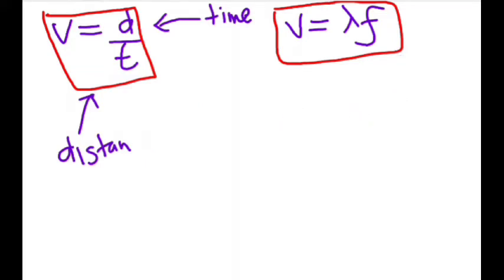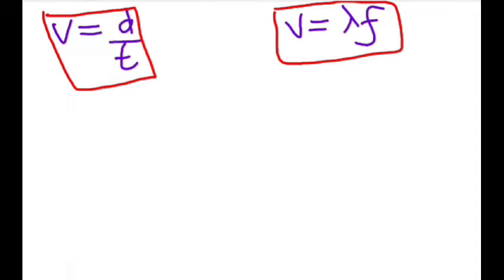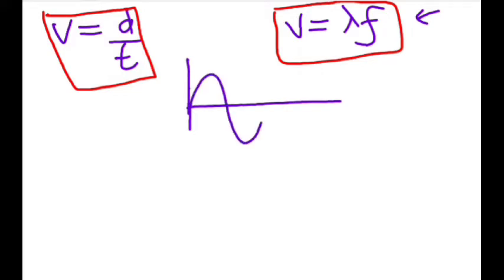Now, the first wave speed formula, that says speed of a wave is equal to distance over time, is fairly straightforward. But where does the second formula come from? Well, if I draw one wave like that, the length of this wave is lambda. In other words, the wavelength is the distance between two successive points that are in phase.